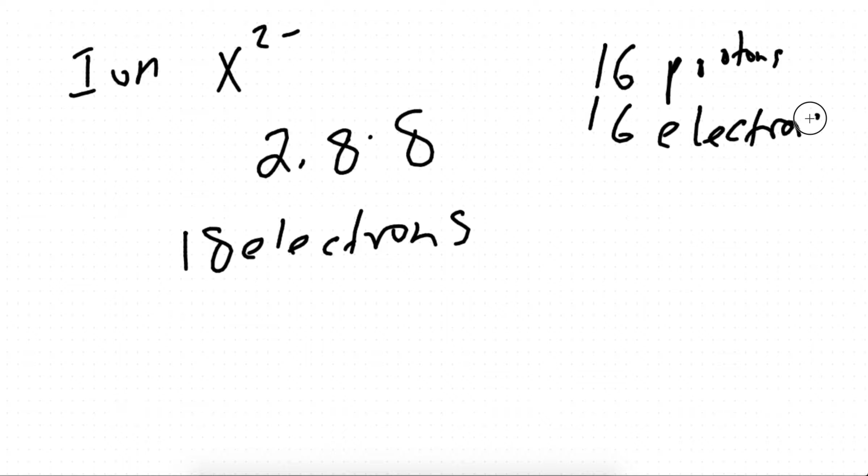This is as an atom. Only after forming an ion did it become X2 minus. It gained 2 electrons. That means the number of protons is going to be 16, because remember, in the atom form, number of protons equals number of electrons. So number of protons equals 16.